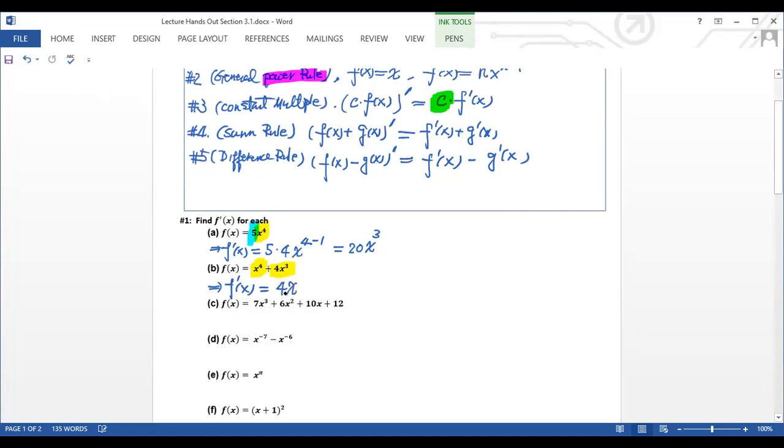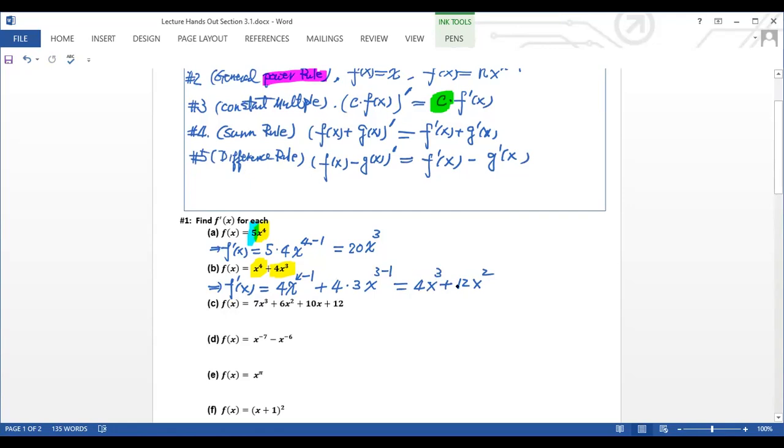Now here, this is x, what is the exponent? It's 4 minus 1, right? Then plus 4, you move the 3 to the front, it's 3, right? And then times x to the what? 3 minus 1. So what is the final answer? This is 4x cubed, and 4 times 3 is 12x squared.